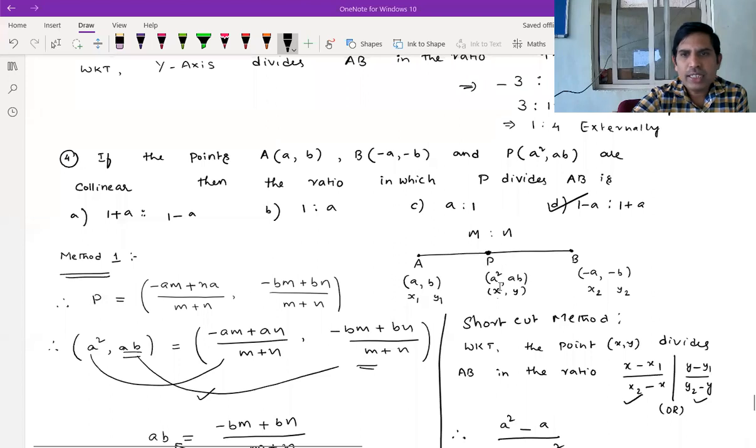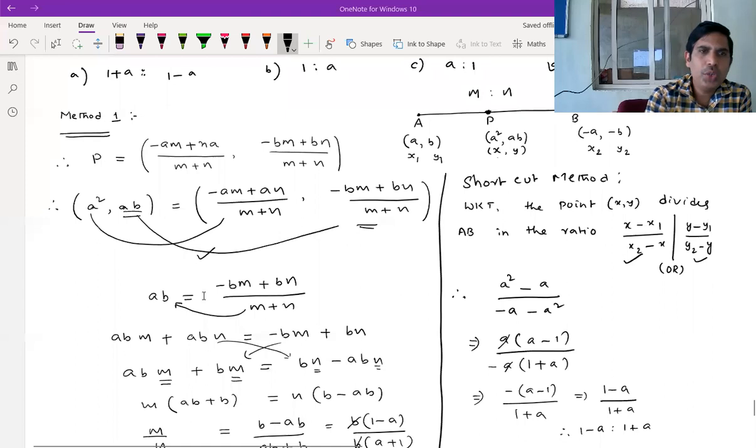The P point given here is a square comma ab. Now you equate either the x coordinate or the y coordinate. Here I equated the y coordinate on both sides. The y coordinate here is ab, and here it is this one. Cross multiplying the denominator, ab into m plus ab into n is equal to minus bm plus bn.